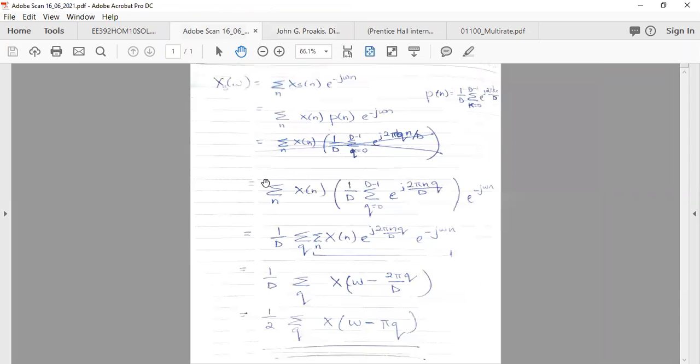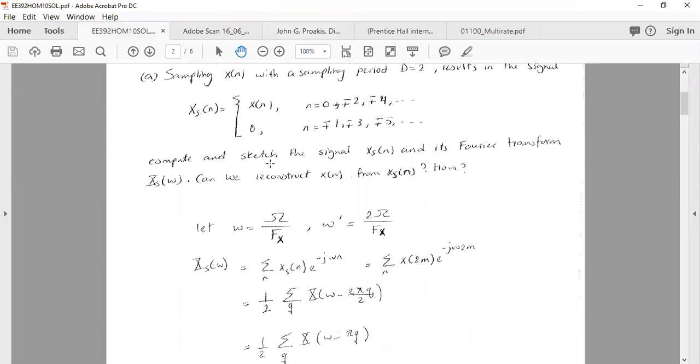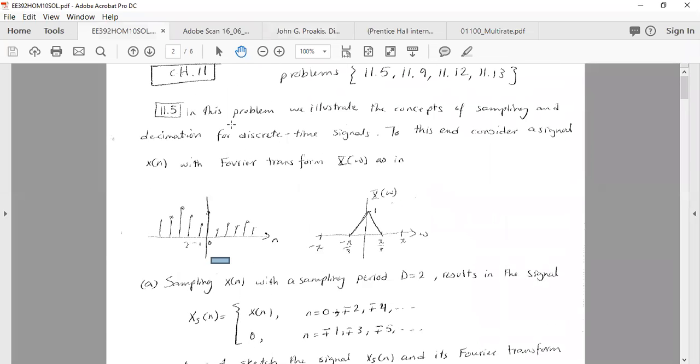So what has happened over here is basically that in order to decimate this particular sequence, we pass it through a low pass filter, and then we downsample it, right?